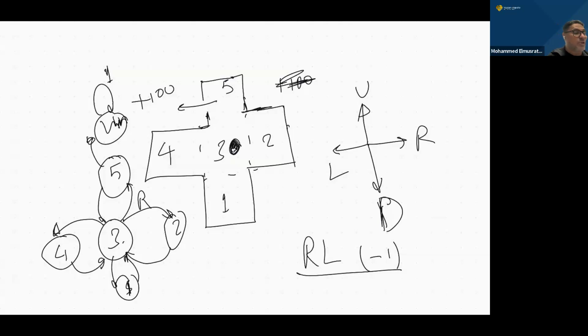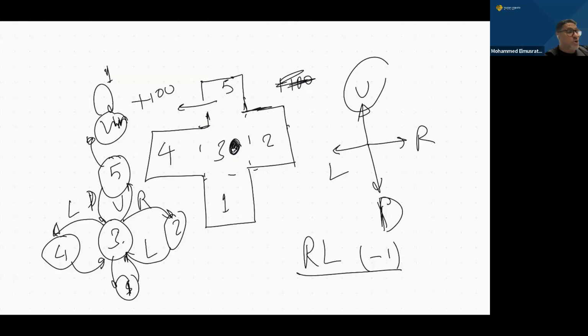And if I tell it from state 2 to go to the left, for sure it will return to state 3. From state 3 to the left, it will go to state 4, and to the right, it will go to state 2. And from state 3 up, it will go to state 5, and down, it goes to state 3.